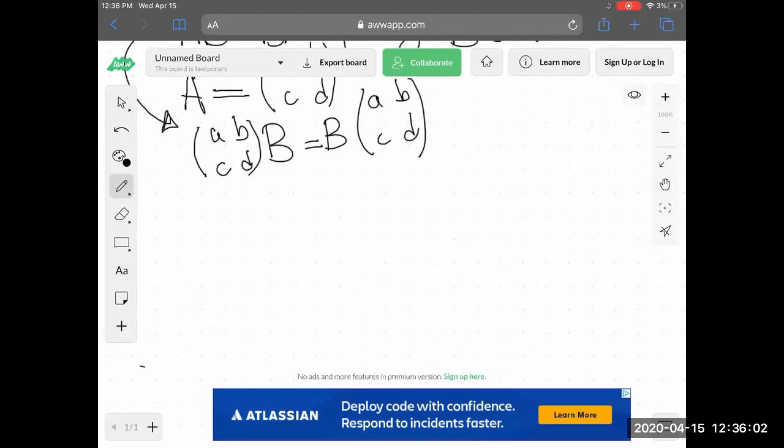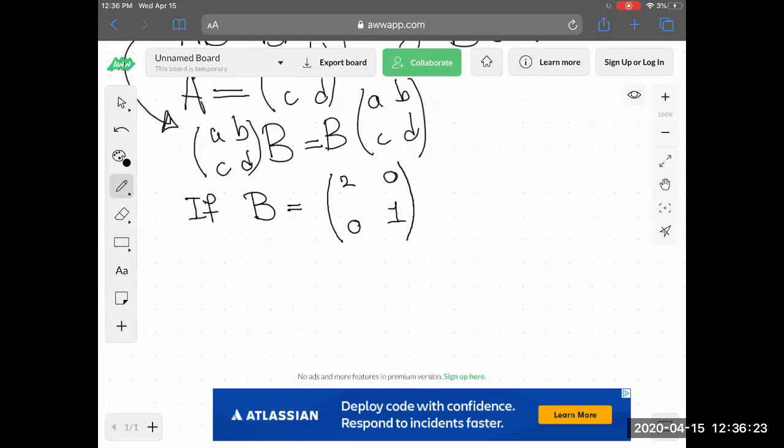So I can choose some specific B and it should still be correct. If we choose B to be this matrix, for example, 2, 0, 0, 1.